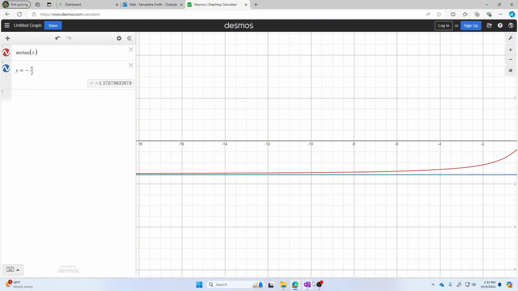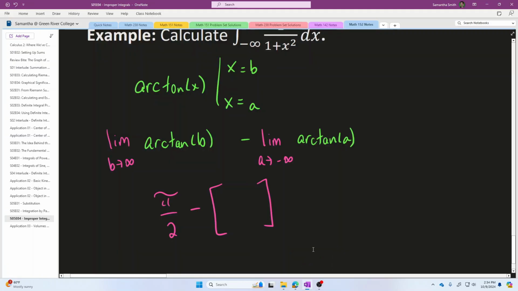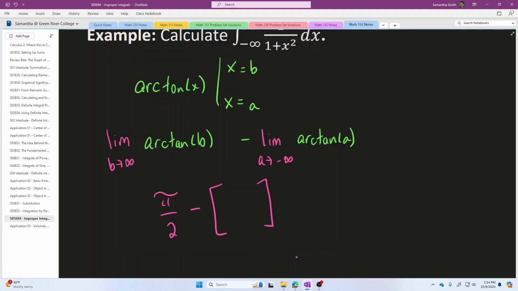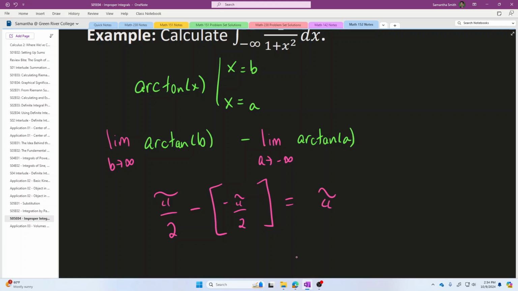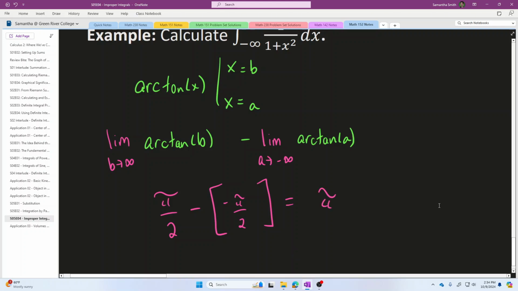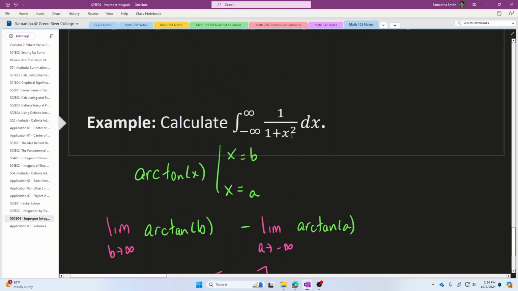So that is the limit of this term in the back, pi over 2 minus negative pi over 2. So in total, we have two copies of half of pi. In total, we just have pi. And so pi is the exact value of all of the net area between this function and the x-axis on the function's entire domain.